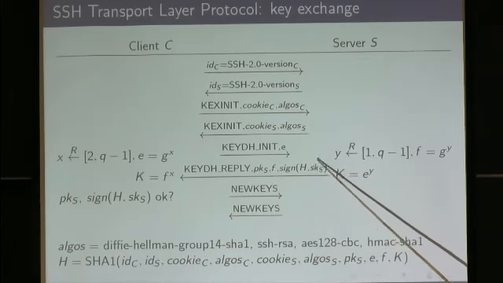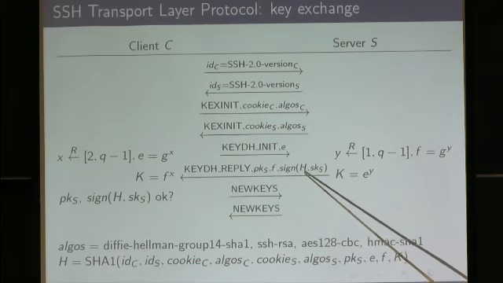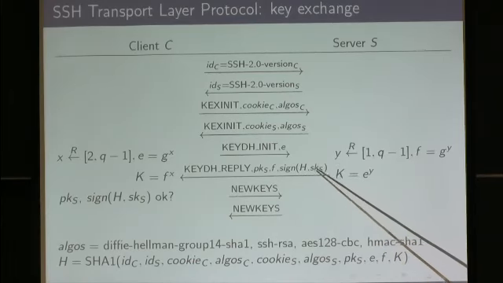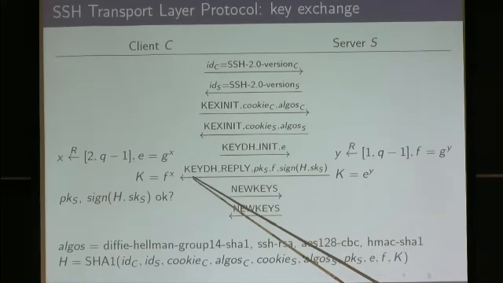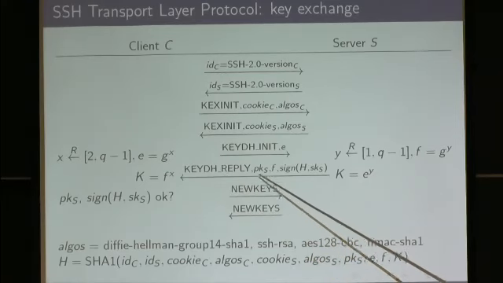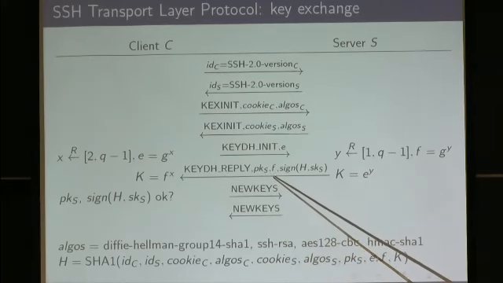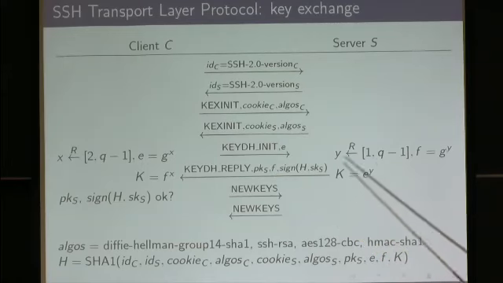And the server is going to sign this hash using its secret key. And it sends the KEXDH reply message with the public key of the server, the exponential g to the y, and the signature of the hash under the secret key.